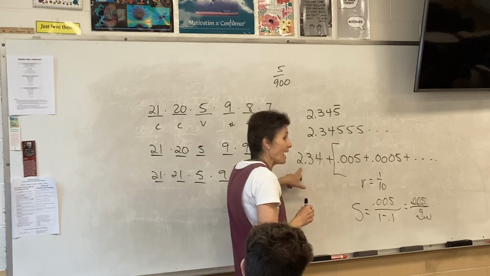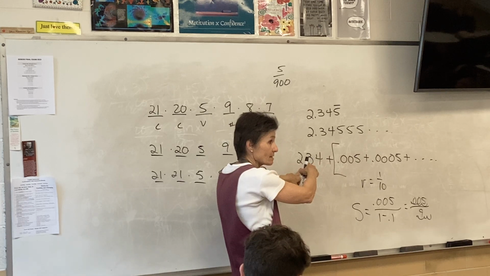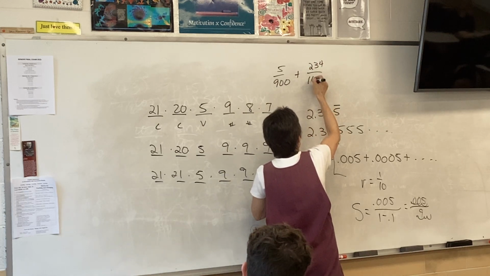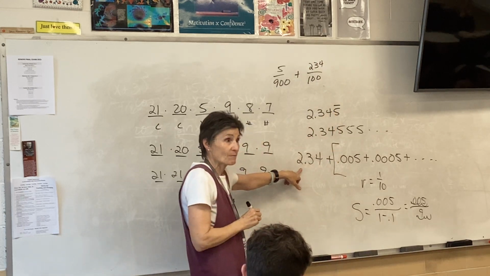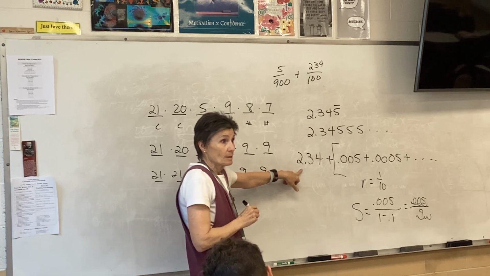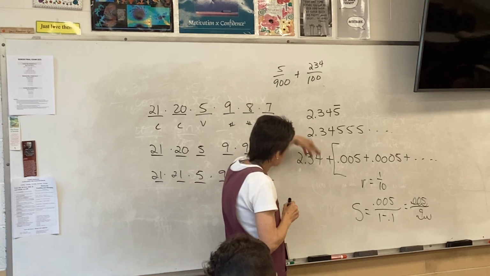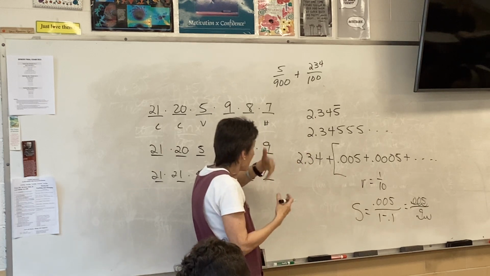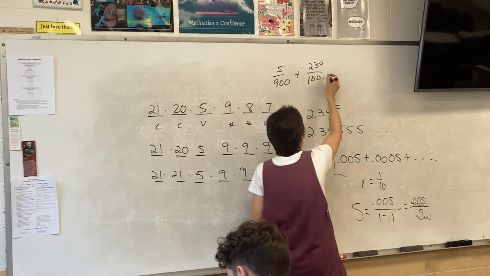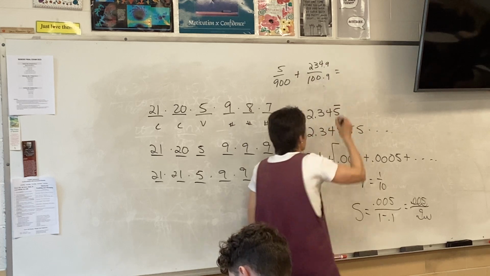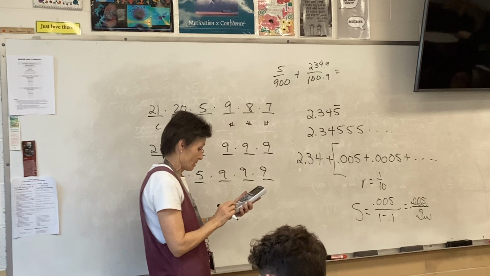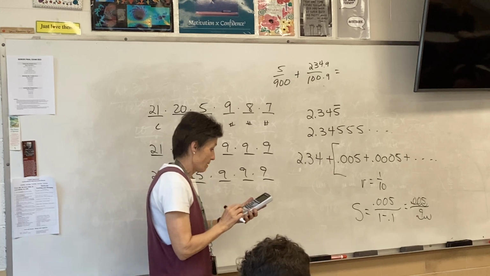I still need to add on this, which is 234 over 100, if I write it as a fraction. So now I have the fraction that came out of my infinite part, the fraction that came out of the non-repeating part. So I'm going to get a common denominator and add those together. My denominator will be 900.